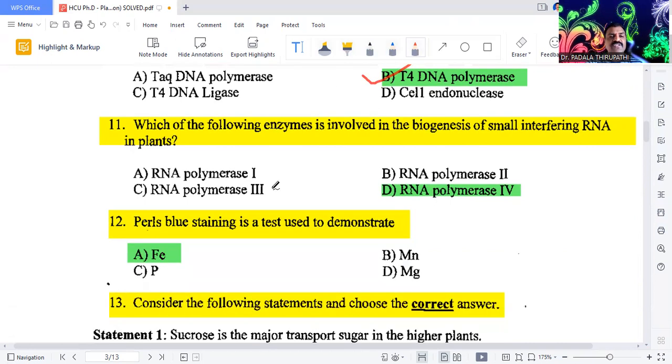Then the next question: which of the following enzymes is involved in the biogenesis of small interfering RNA in plants? That is RNA polymerase 4. RNA polymerase 4 enzyme is involved in the biogenesis of small interfering RNA in plants.